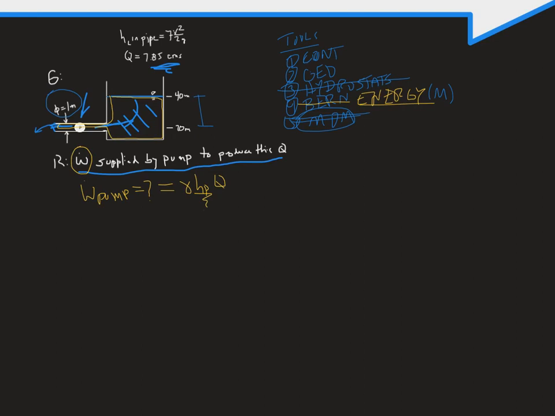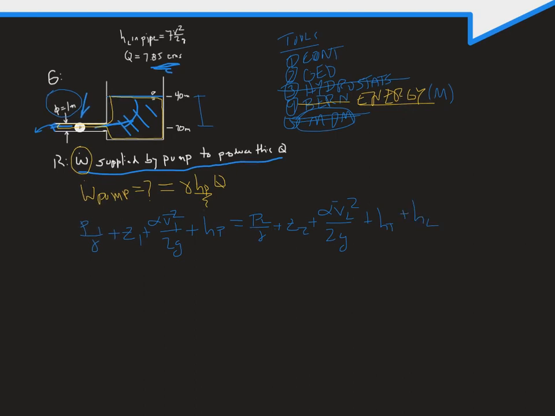So let's go ahead and write it out. P1 on gamma plus Z1 plus alpha V1 squared on 2g plus HP equals P2 on gamma plus Z2 plus alpha V2 squared over 2g plus HT plus HL.